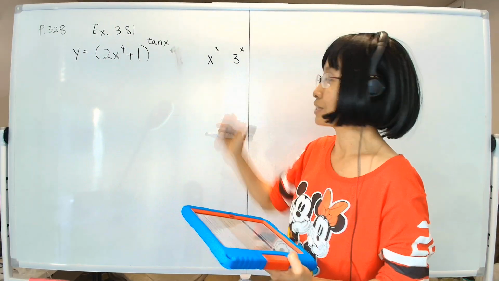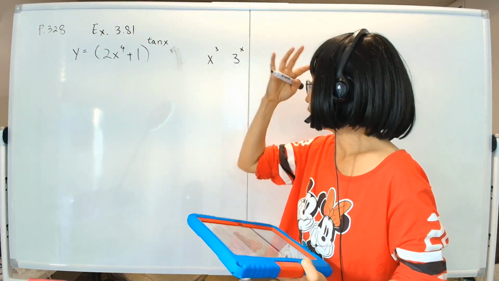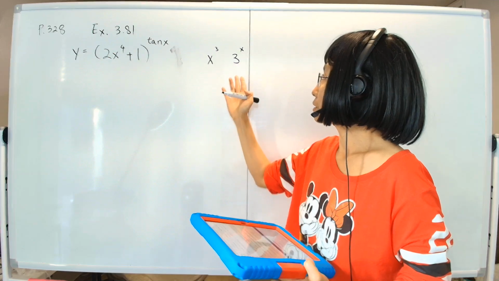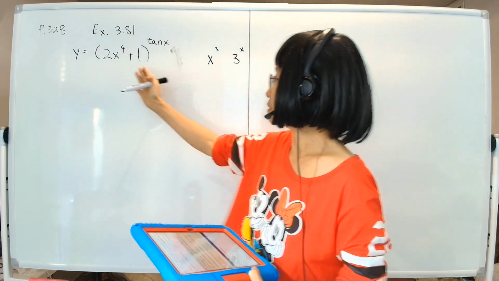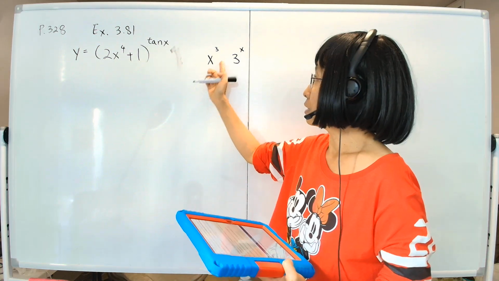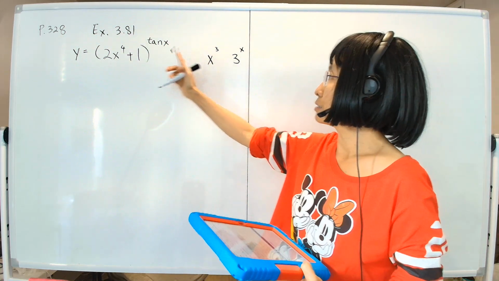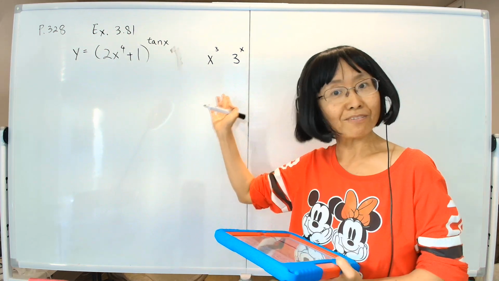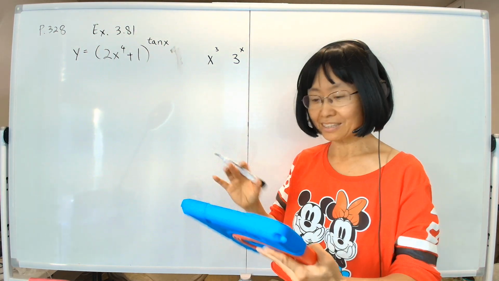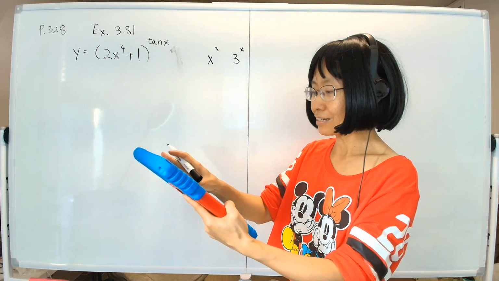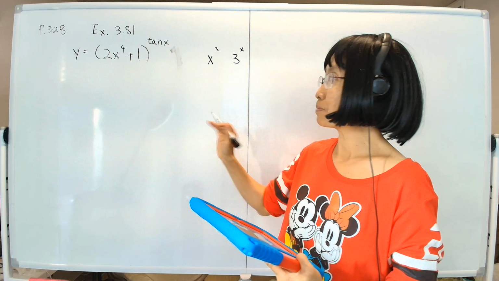To take the derivative of that, there's a formula for it that we just covered. But the point is this does not apply, because there's an x on top, so we cannot use this formula, and there's an x on the bottom, so we cannot use that formula. So we are stuck. Now, what do we do? Well, there's a trick to this. To take the derivative of anything in this manner, you apply the trick.